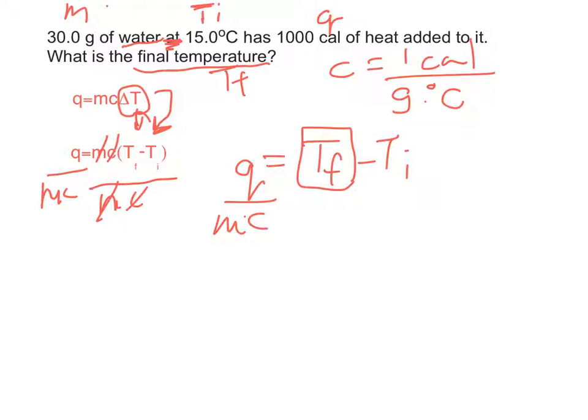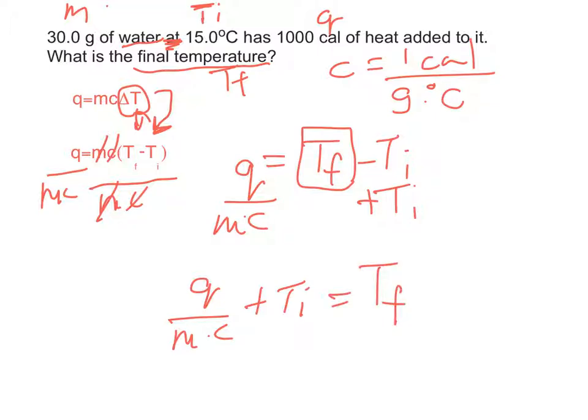So if this is in a minus situation, we have to add TI. And so we're going to add it to the Q over MC. So we get Q over MC plus TI equals TF.